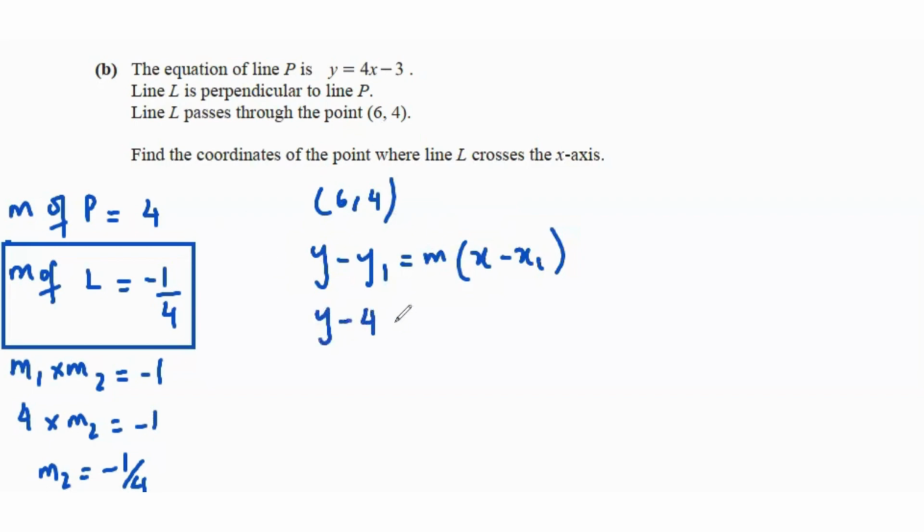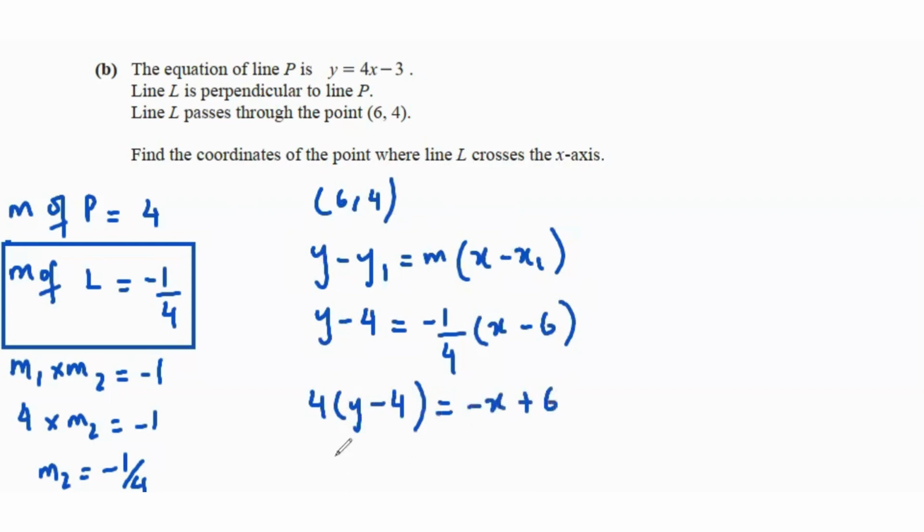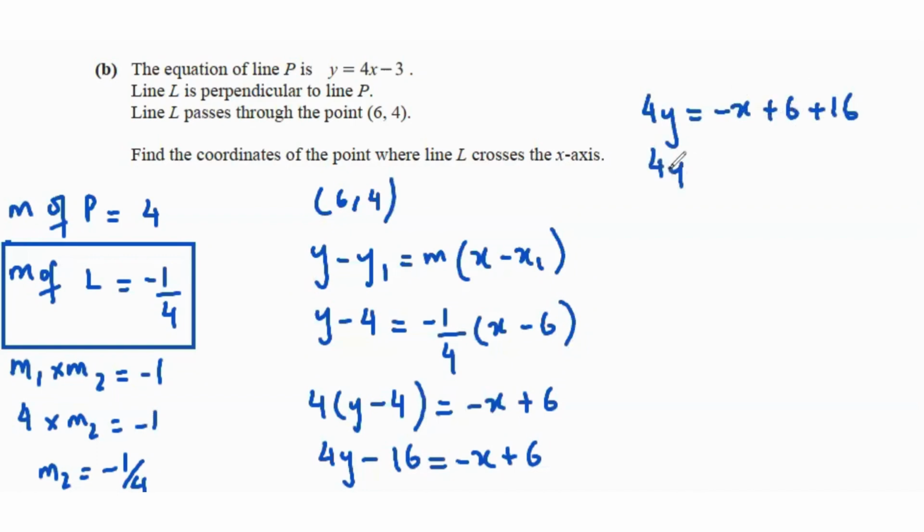So y minus 4 equals negative 1 over 4 times x minus 6. 4 times y minus 4 equals negative x plus 6. 4y minus 16 equals negative x plus 6, which is 4y equals negative x plus 6 plus 16. That is negative x plus 22.